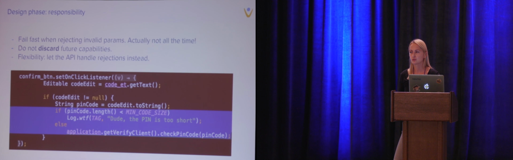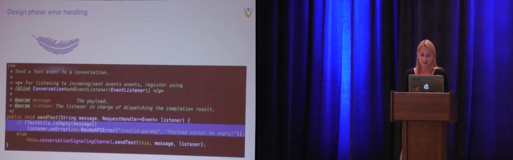But what you're doing, in fact, is again discarding future capabilities of the server side. You might want to make your library as lightweight as possible. By lightweight, I mean small code base and fewer network calls, which is good, but not all the time, because in some cases you want the server to perform all the validations, because you want to be aligned with the server all the time.